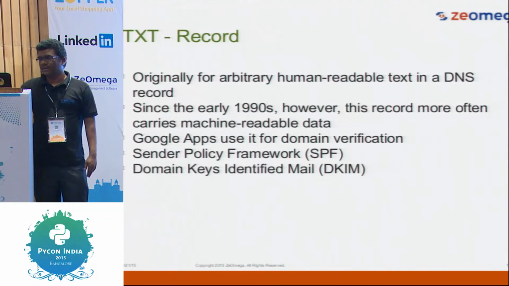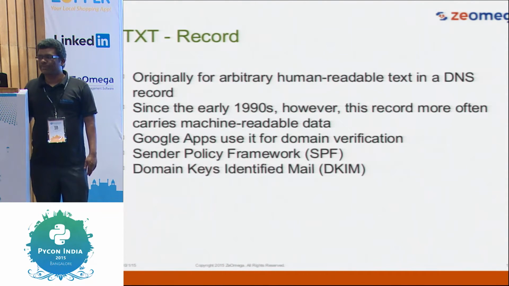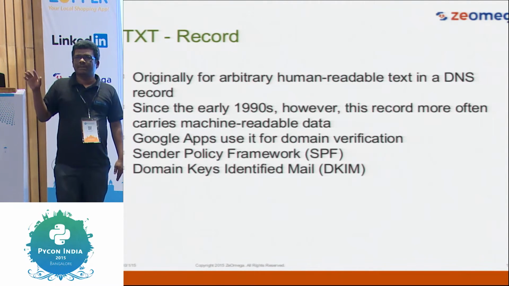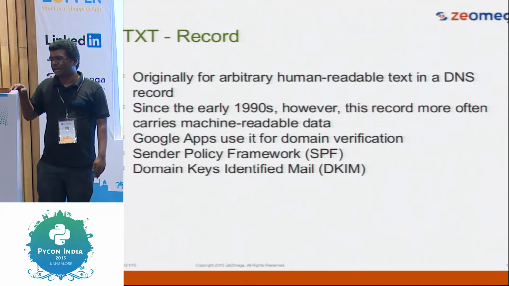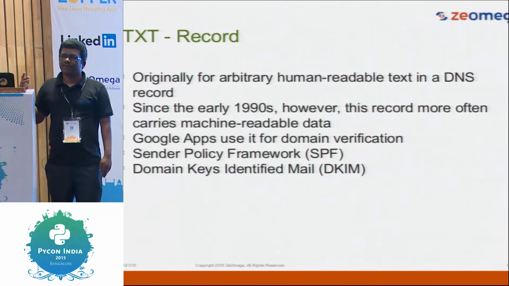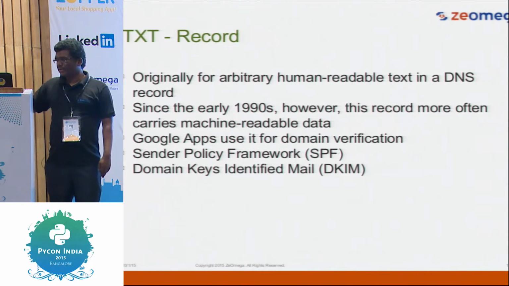Okay. And the TXT record is another generic record. It is a general arbitrary human-readable text record, but later it is also used for enforcing some other security mechanisms like SPF and DKIM, for protecting mails and avoiding spam and all. Okay. And sometimes it is also used for verifying your domain.